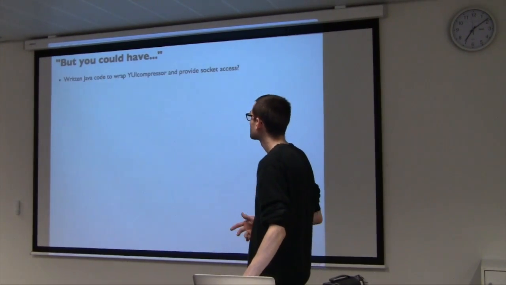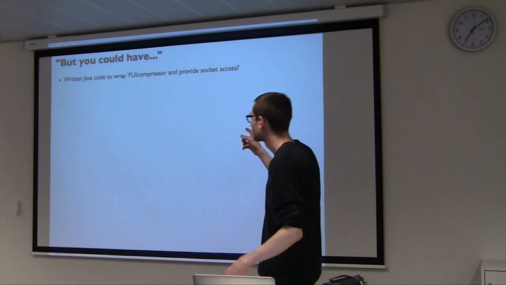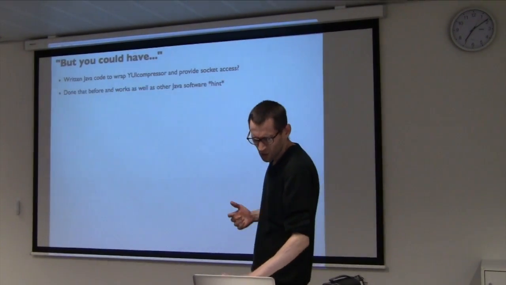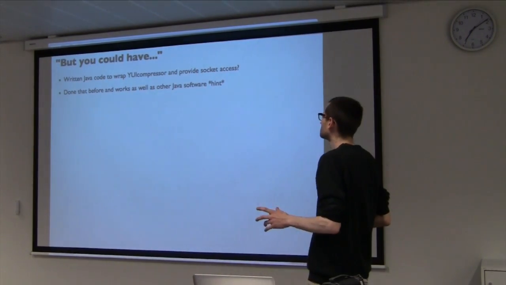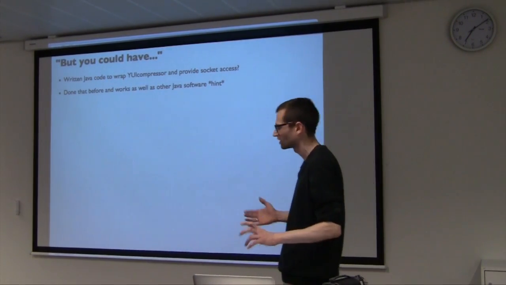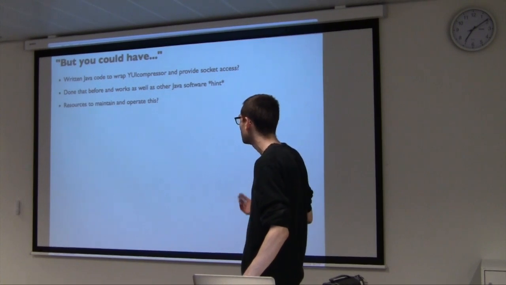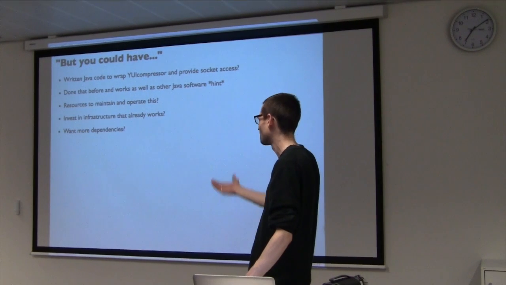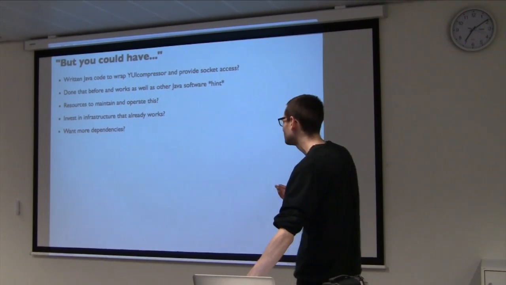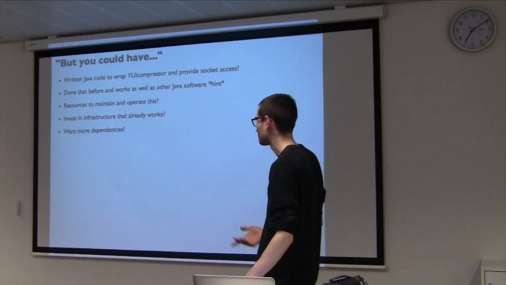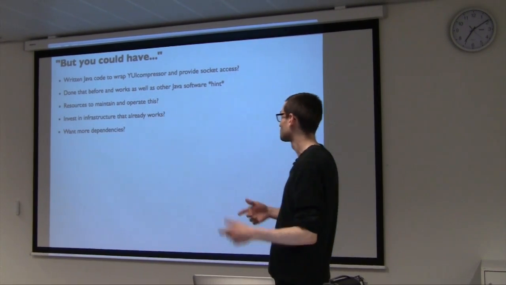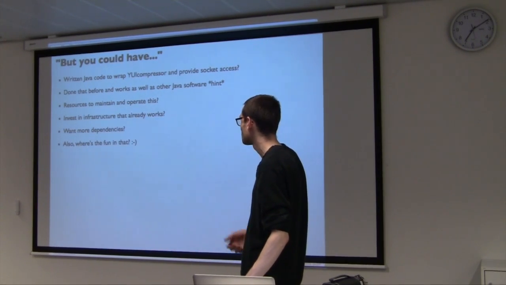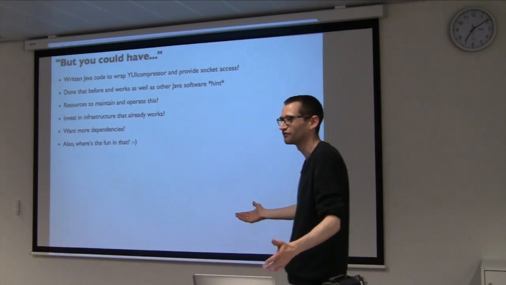What I could have done instead was wrapping the whole Java thing in socket access, which I did before, but it works, and you have to maintain it as well, and you need people for that. More dependencies in production, so discuss that with your responsible manager, who's going to decide what you can use or not in terms of resources. And of course, where's the fun back then?